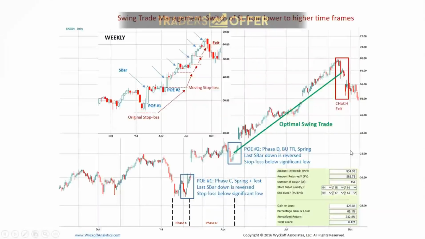Okay, so let's talk about the switch technique. The main idea behind the switch is that if you are analyzing a stock and you came to the conclusion that this stock is going to outperform the market and outperform its peers, one of the ideas is to maximize the profit as much as possible.